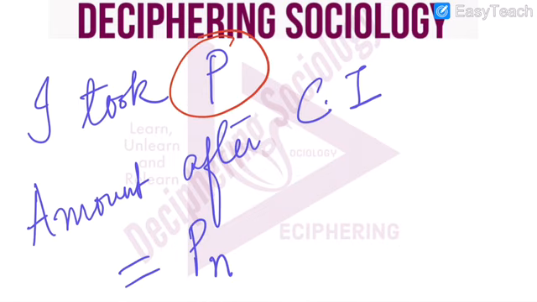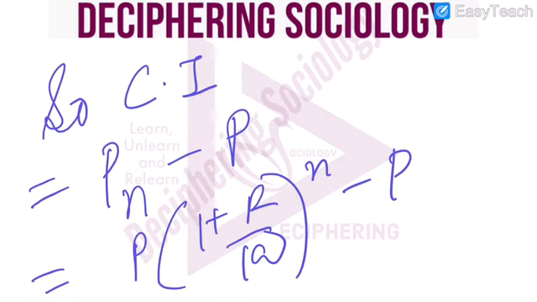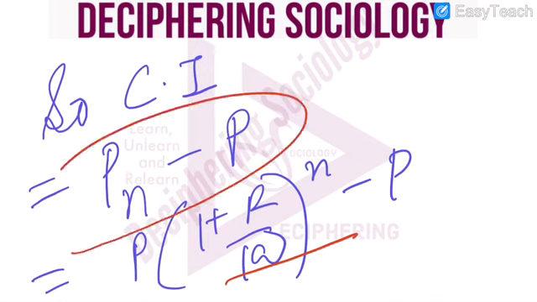In compound interest, I took a loan of principal P, and I found that after n years, the amount that came to be after applying the formula was Pn, and this Pn was P into 1 plus R by 100 to the power n. Now if I have to calculate the compound interest, then it will be this amount minus P.